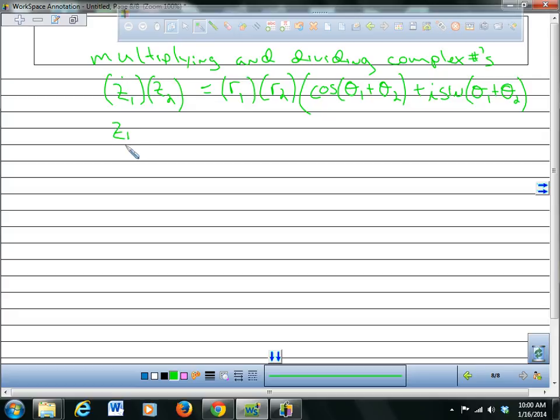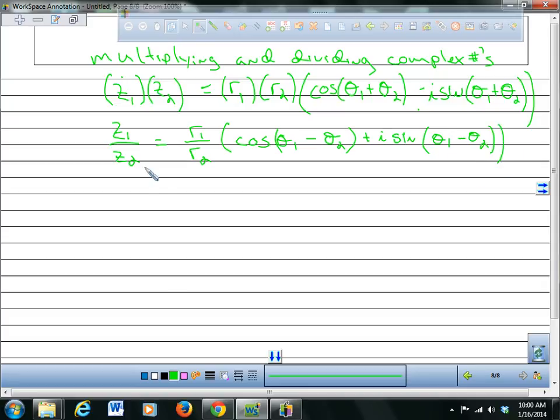And very similarly, z1 divided by z2 is equal to r1 over r2 times the cosine of theta 1 minus theta 2, plus i sine of theta 1 minus theta 2.